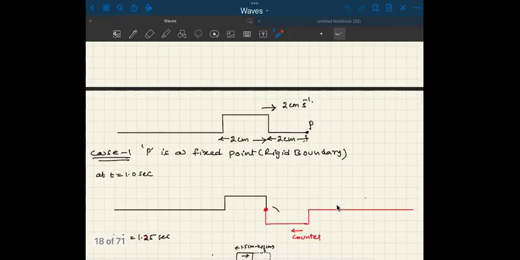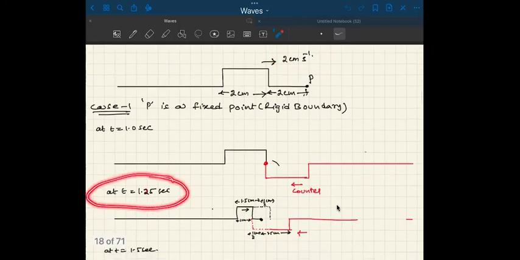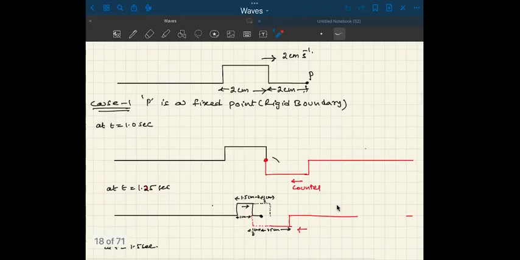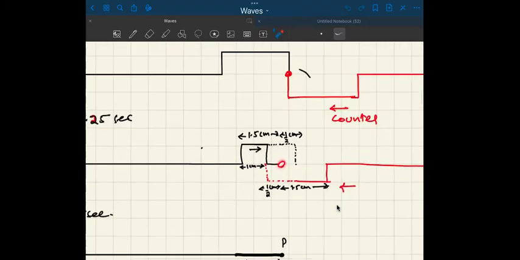You have seen that the speed is 2 centimeters per second, and the interval that I have taken is 0.25 seconds. 1 second, and next 1.25 seconds, what will happen? It will move by 0.5 centimeters. See here. If this is P, this moves left by 0.5 centimeters. This will move right by 0.5 centimeters. Now, you can see the actual waveform will be like this at that time.